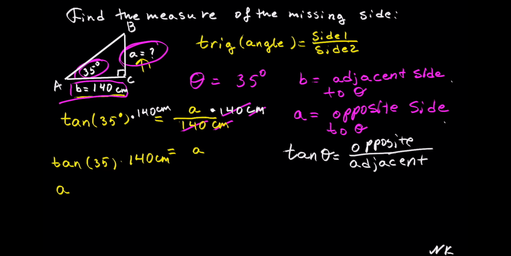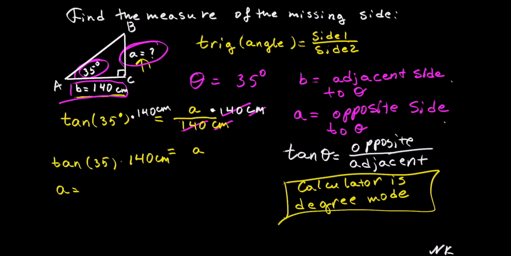To calculate the measure of A, make sure your calculator is in degree mode, because if it's in radians, you will get a different value. In your calculator, plug in tangent of 35.